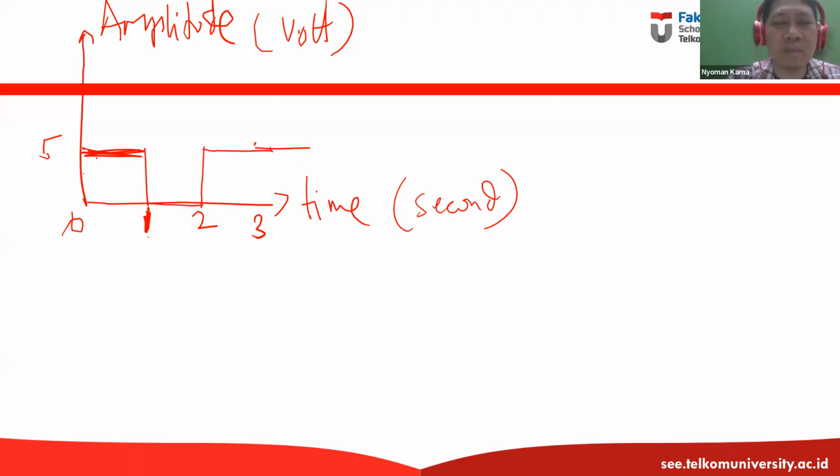But between the time of 1 to 2 seconds, the voltage is 0. And between the time of 2 to 3 seconds, the voltage, the amplitude is 5 volt, etc. So this is what we call timing diagram.